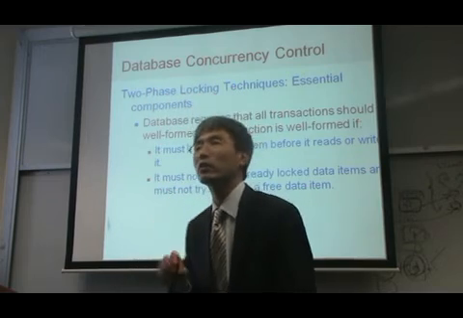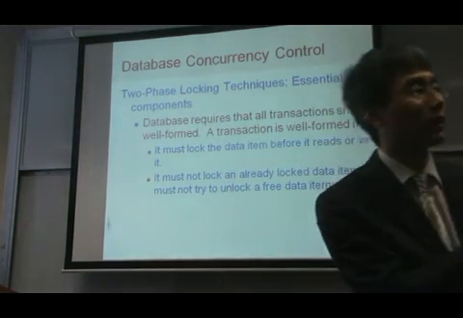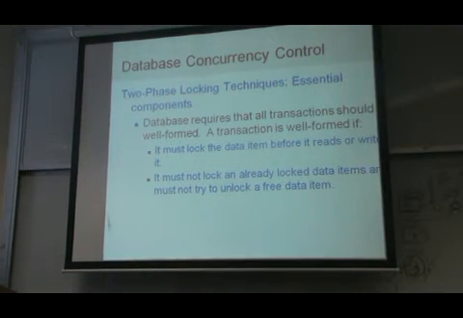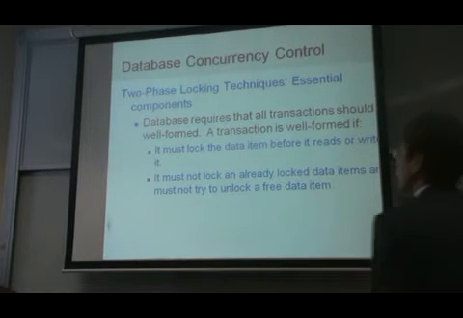So I'd like to read the student data: select name from student where ID is 111. At that time, you need to get the lock from the lock manager. Select is just read only, so you need to get the shared lock.